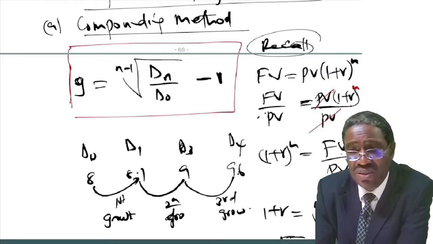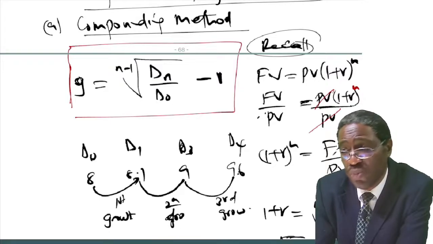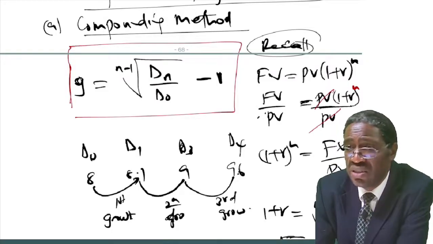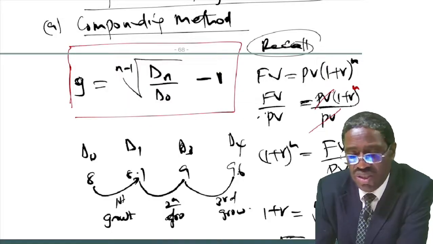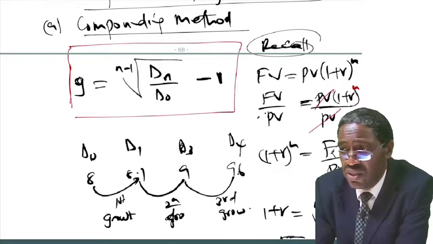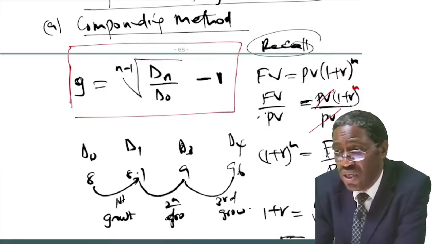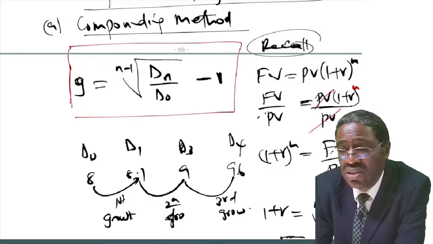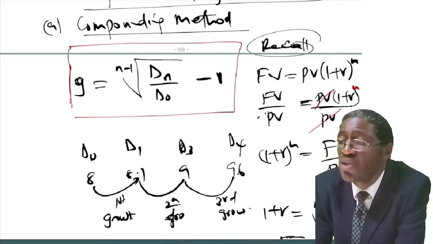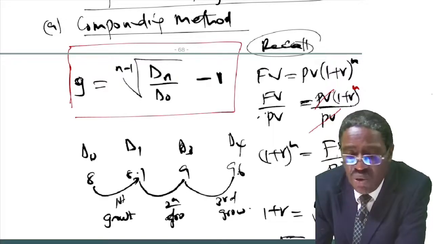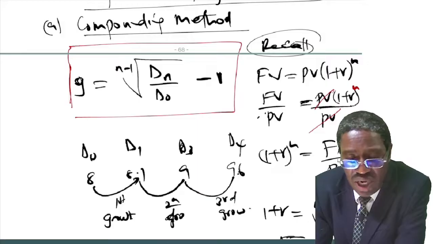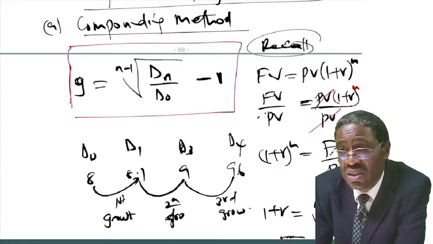Then below that, after you have copied the formula, say this: Dn equals the most recent dividend per share. Then D0 equals the past dividend.